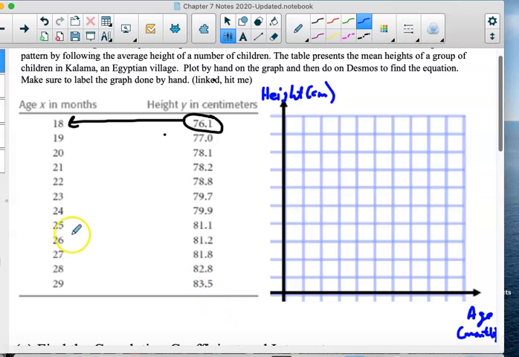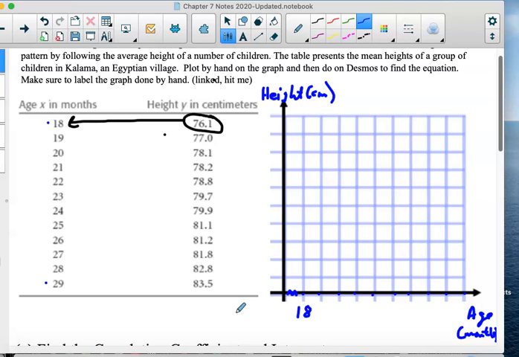Okay. All right, first problem I notice, we have 18 to 29. So we got to count up how many spots do we have. So we have 1, 2, 3, 4, 5, 6, 7, 8, 9, 10. All right, so 18 to 29 is actually going to be like 12 numbers. So I'm going to put a little break in the graph, and I'm going to start at 18 right there. Okay, so go ahead and do that.